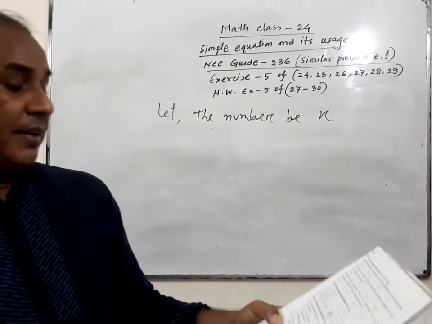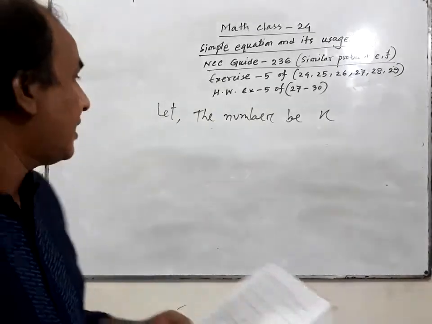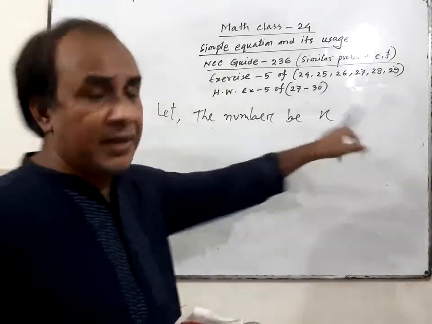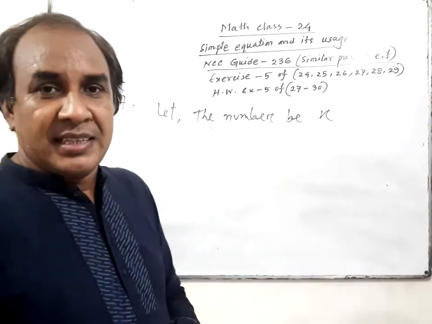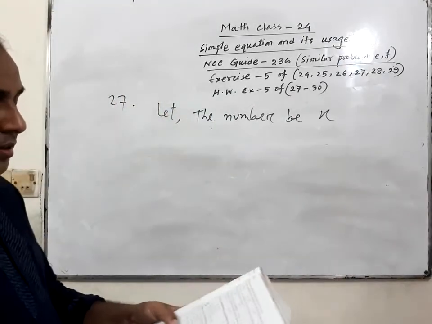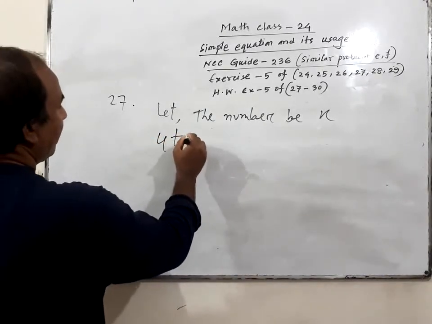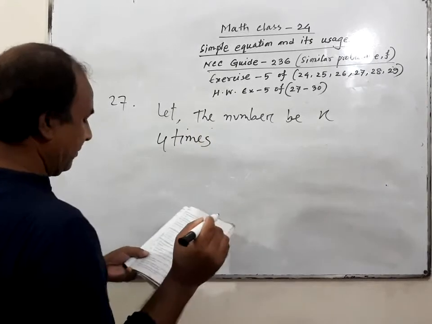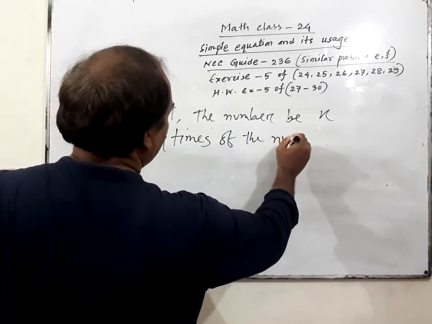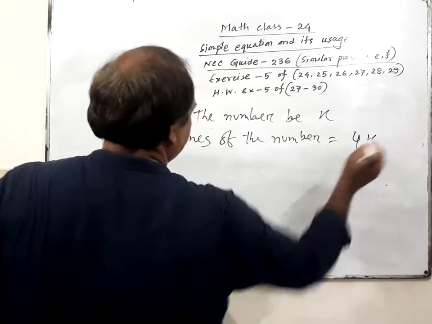And number 27. If 3 is added to 4 times of a number, the result is 23. Let the number be x. Then 4 times of the number is equal to 4x.